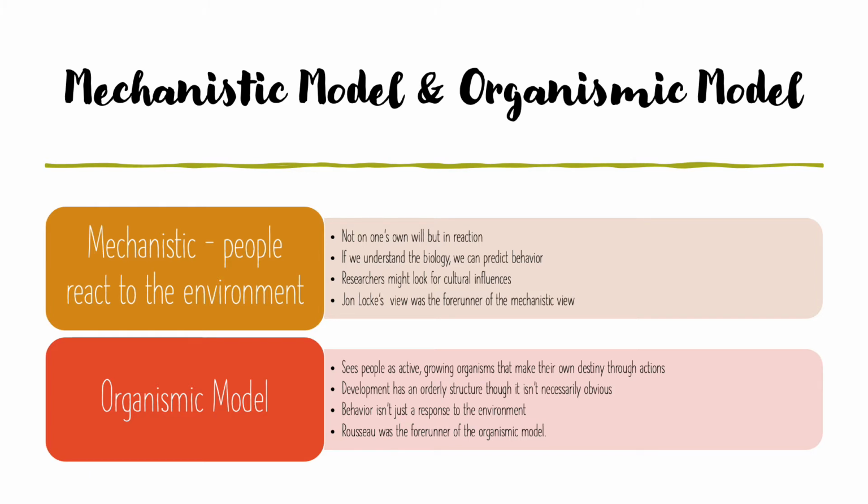The organismic view is based on Rousseau's and holds that we set our own destiny through active action. The organismic view of humans is that they are active agents, making choices that are oriented towards their future. Individuals control their own lives.